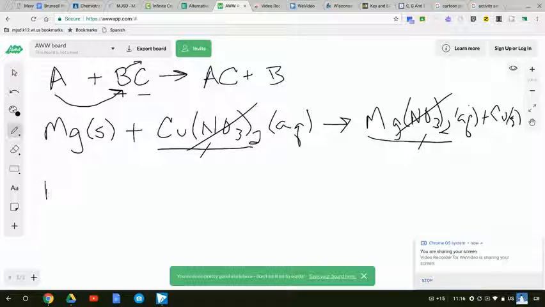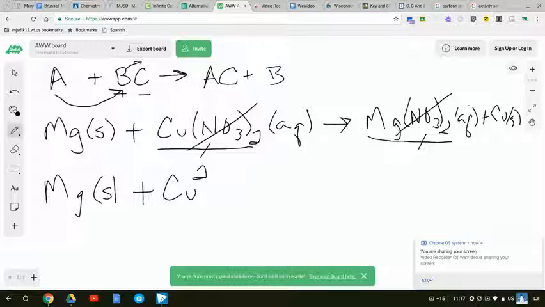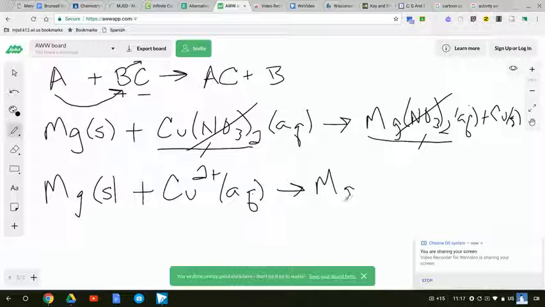But I would have magnesium, solid magnesium metal, and in this case, the copper 2+ ions, Cu2+, in solution, so aq, and this reacts to form magnesium ions and copper metal.